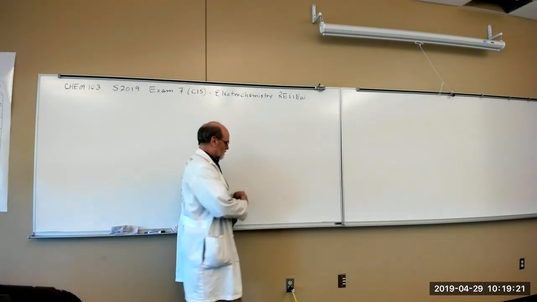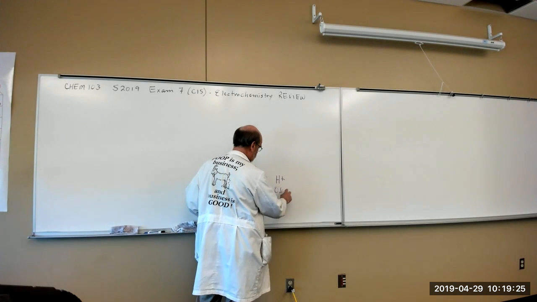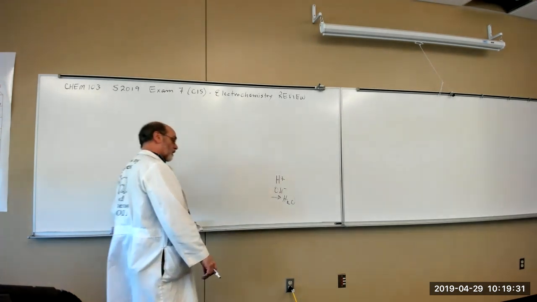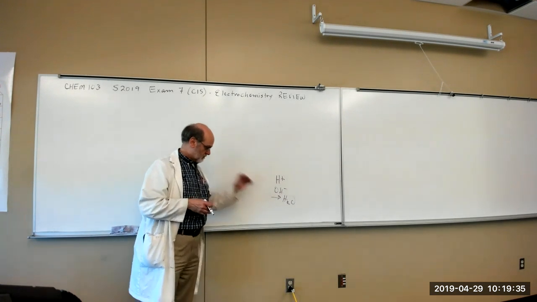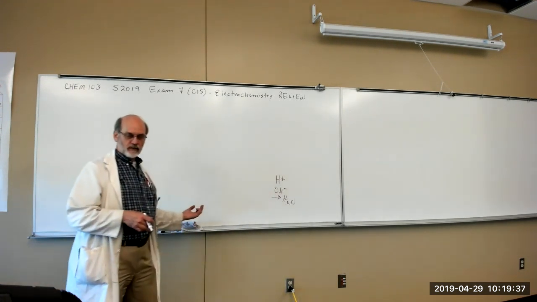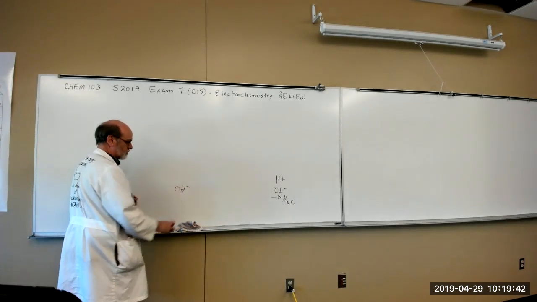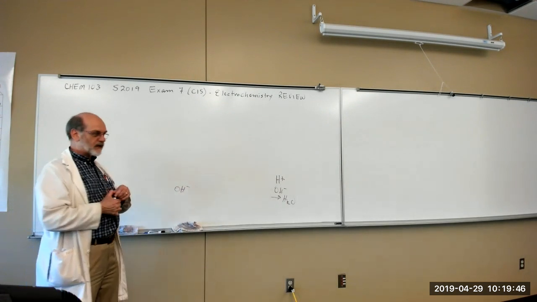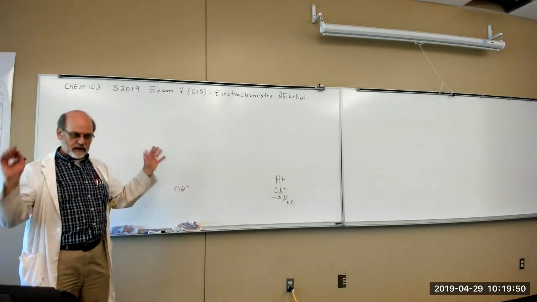So when you balance those hydrogens on this side with hydroxyls, what do you get? Water. And if you have water on this side and water on the other side, then you have to cancel from both sides. And then on this side, you'll have hydroxyls, and that's your basic solution. So once you get the acid balanced, then you do that conversion for hydroxyls, and you've got a basic solution.